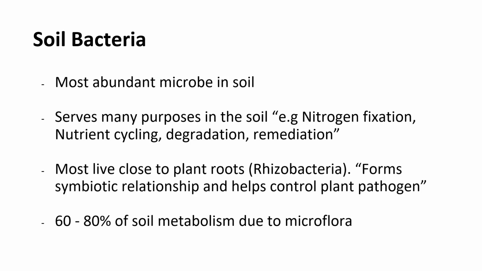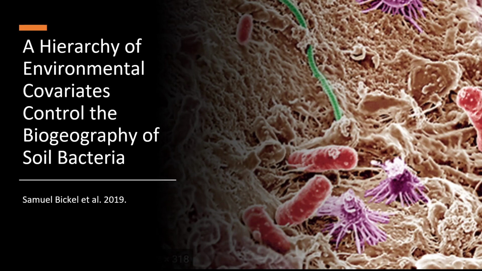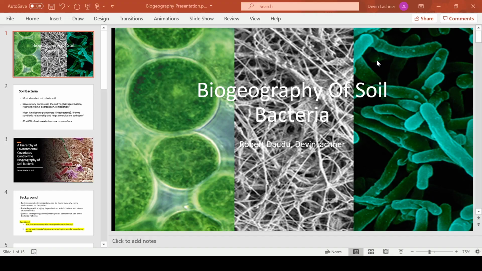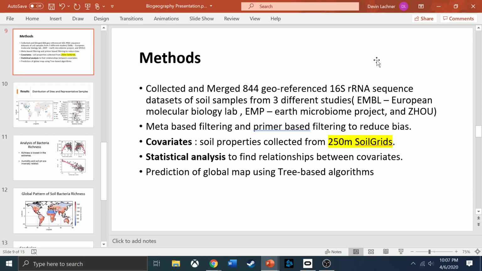Soil bacteria are the most abundant microbe in soil. They serve many purposes: nitrogen fixation, nutrient cycling, degradation, remediation. I'm not going to go over everything. I'm sorry, this is a lot of stuff.